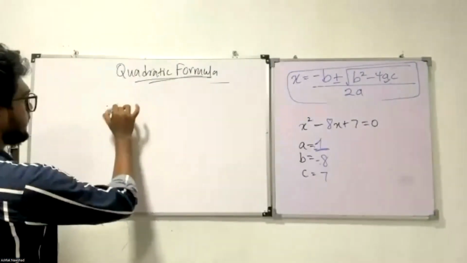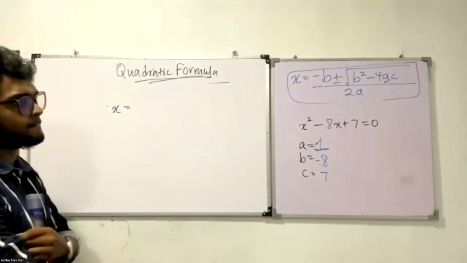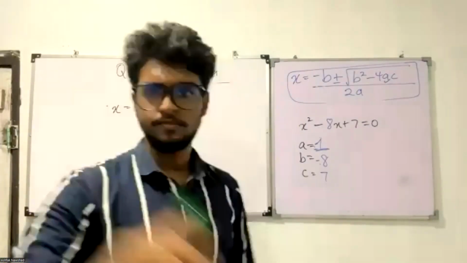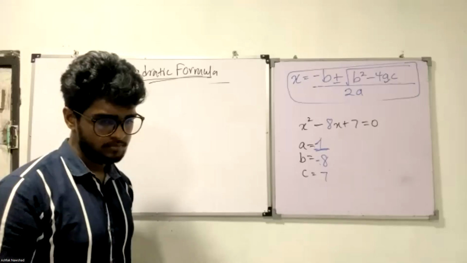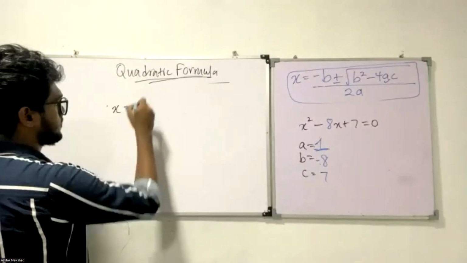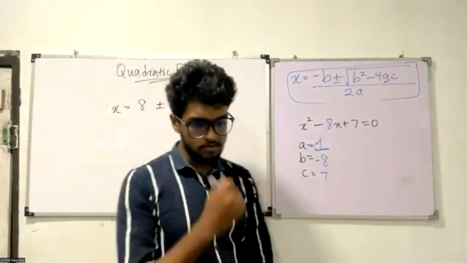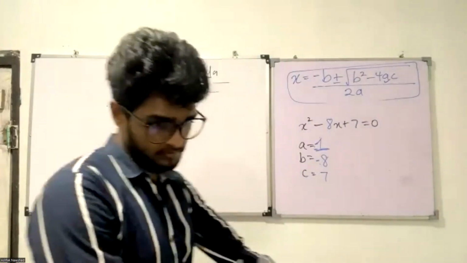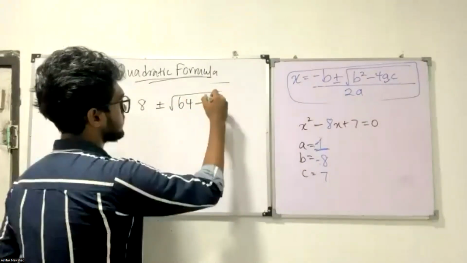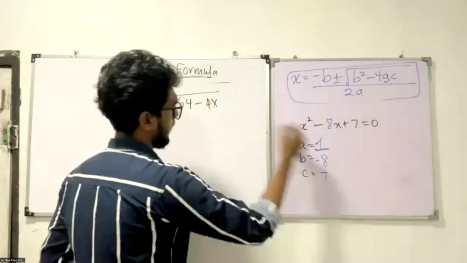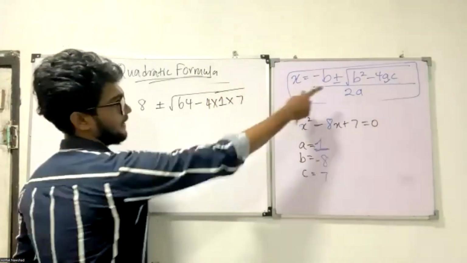Let's see. To get x, it's minus b. What is minus b? Minus b is 8. Yes. Plus or minus the square root of b squared. What's b squared? 64. Yes. Minus 4ac.